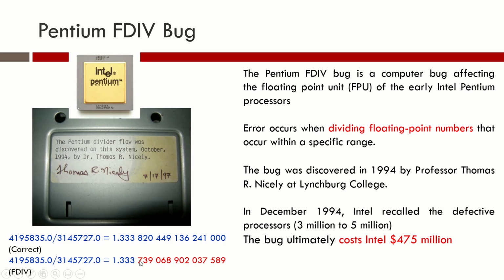Whereas the result obtained by the Pentium processor was 1.3337390689002, etc. So you can see how minute the error is. Even if the error was minute and occurred only at times, Intel had to recall all the defective processors, which came to around 3 million to 5 million. And the bug ultimately cost Intel a loss of $475 million.